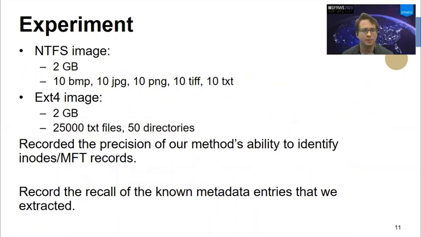Each of the images was 2 gigabytes in size. The NTFS image contained 40 pictorial images of 4 different data types, 10 files for each, and 10 text files as well. The ext4 image contains 25,000 text files and 50 directories.